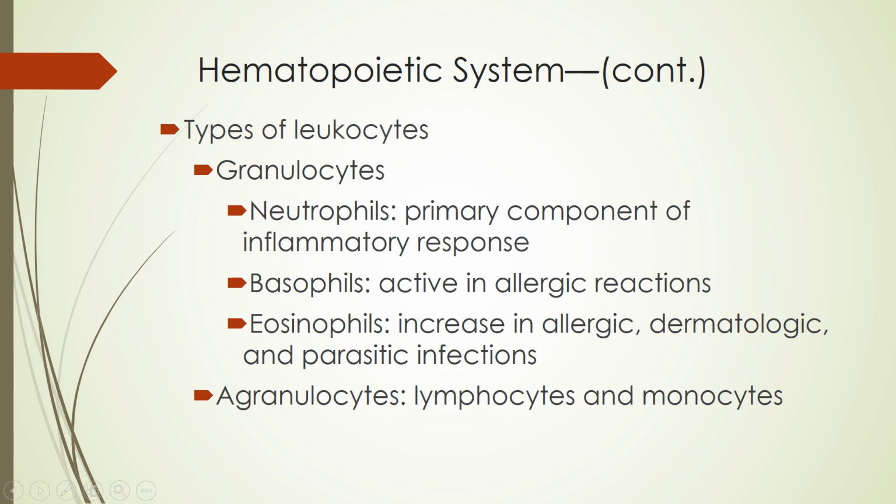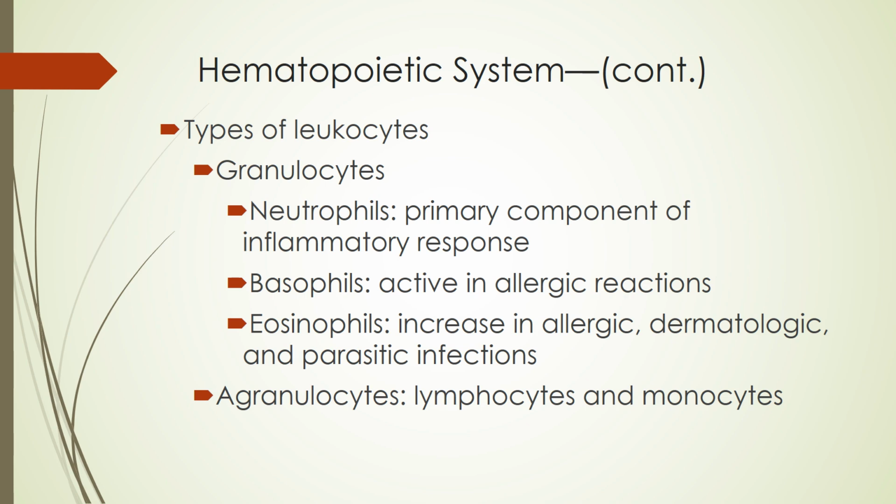Types of leukocytes. Granulocytes, like I just said, are your neutrophils, the primary component of the inflammatory process; basophils, active in allergic reactions; and eosinophils, which increase in allergic, dermatological, or parasitic infections. Agranulocytes are lymphocytes and monocytes. Neutrophils are also called macrophages, and they protect the body by phagocytosis.